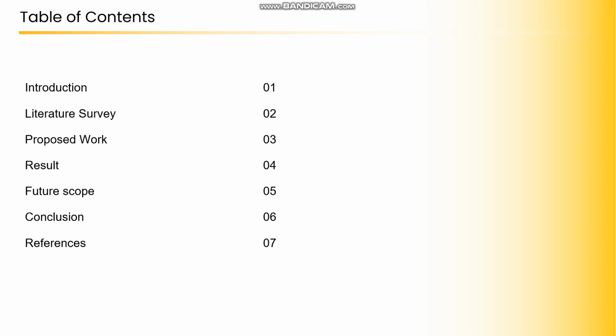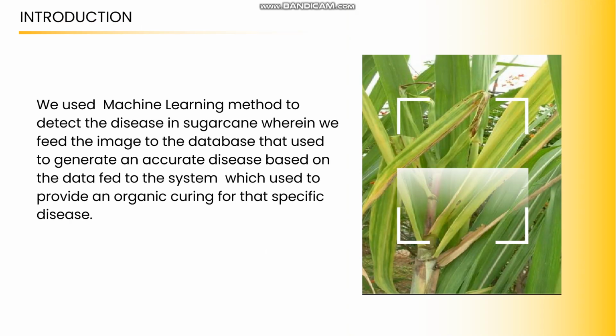The slides will comprise introduction, literature survey, proposed work, result, future scope, conclusion, and references. We use a machine learning technique where we have made our machine compatible enough to distinguish these diseases from one another precisely.